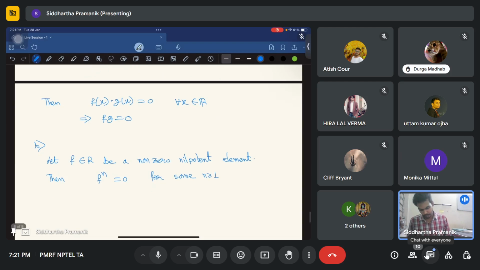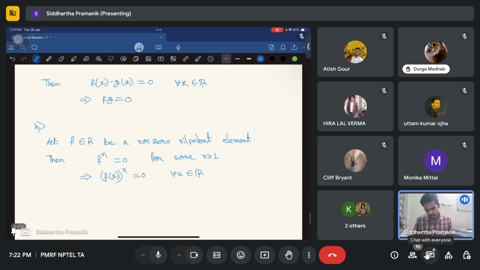Now what is f power n? So this is basically f(x) power n is 0 for all x belongs to R. Now f(x) is a real number and a power of some real number is 0. That will imply that that real number is itself 0.